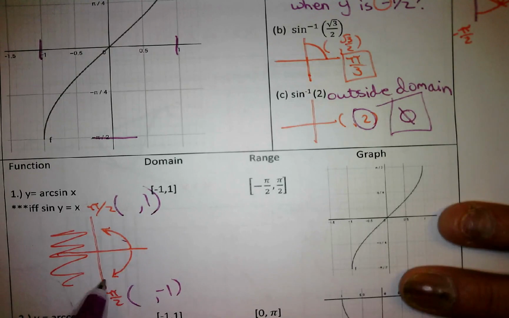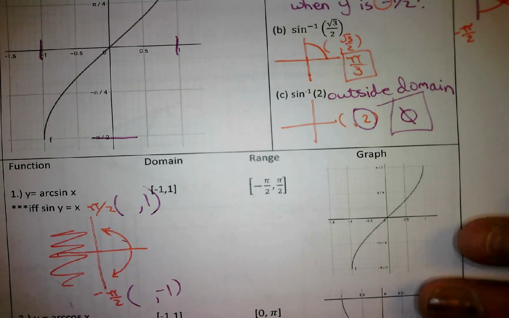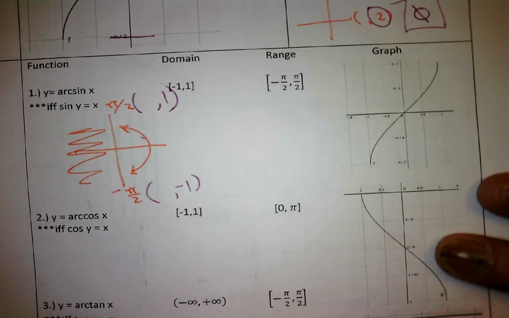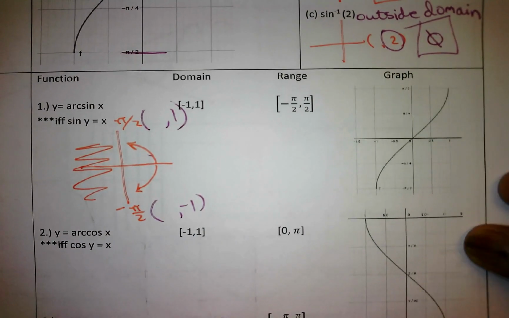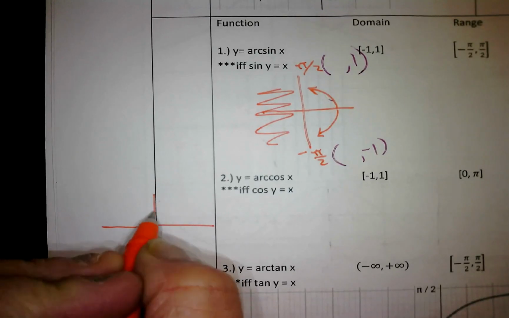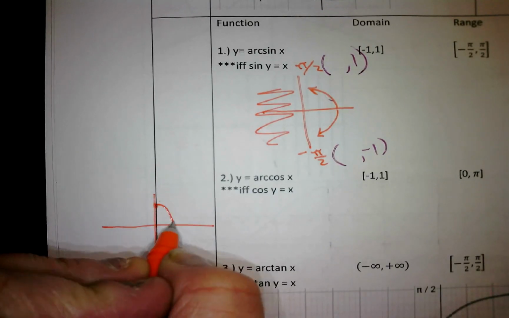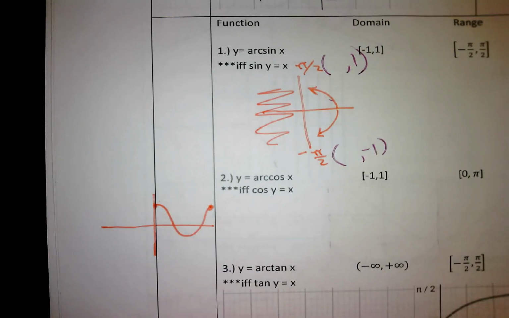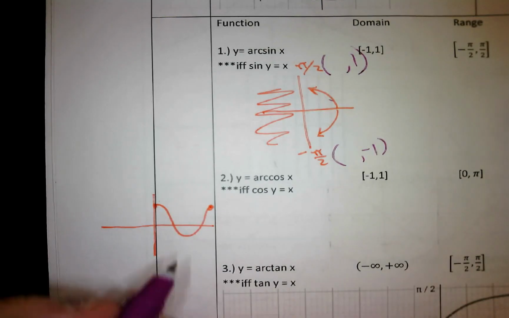Now let's look at our cosine function. If I sketch my cosine graph here, it starts up here, it comes down, and then it comes back up. In order to make it a one-to-one function, I'm going to have to stop it, just like I did my sine graph.